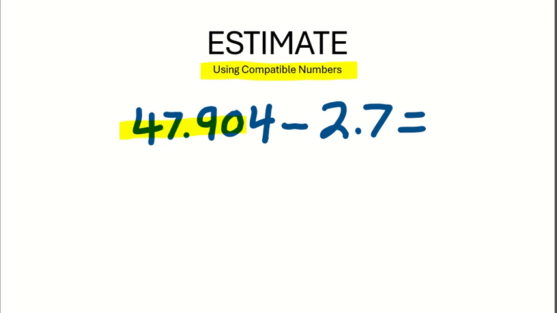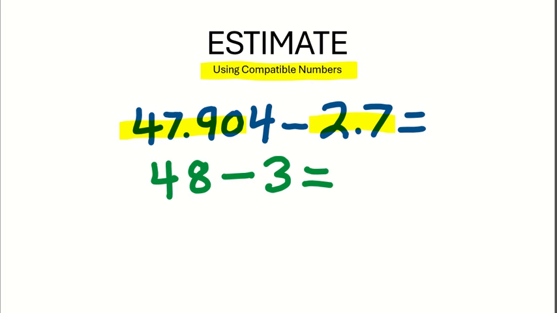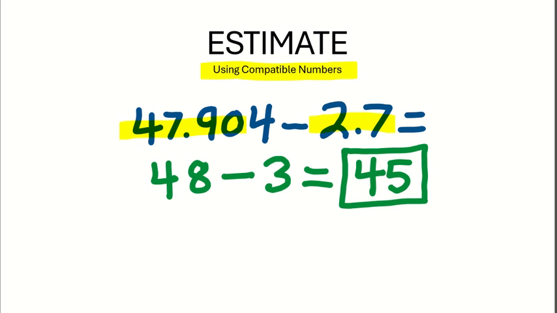So that is going to be closer to $48. So we'll change that to a 48. And then we look over here. This is roughly $2.70, which means that that's going to be closer to 3, which leaves us 48 decreased by 3, which is going to be 45. 45 is going to be our estimate, which is going to be really close to the actual answer.